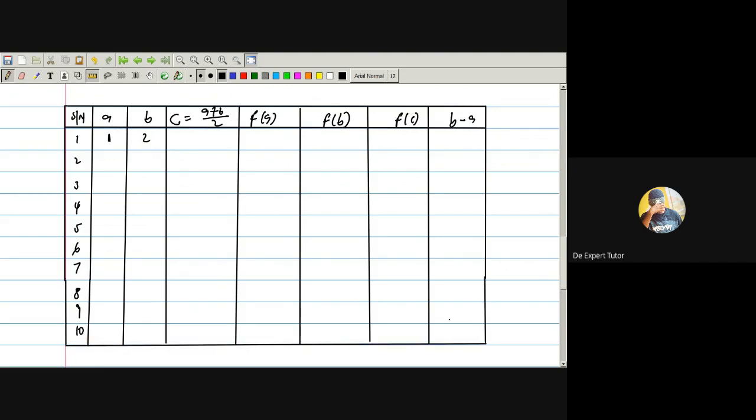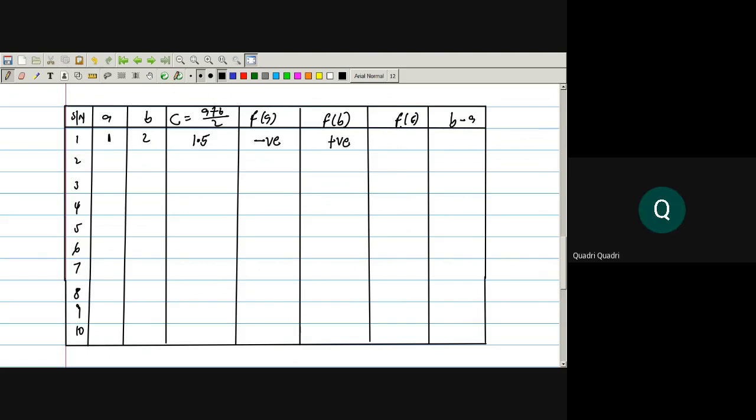Okay, let's go. Remember our first C is 1.5. Before we get that, one of them was negative. F of 1, which is F of A, was negative.